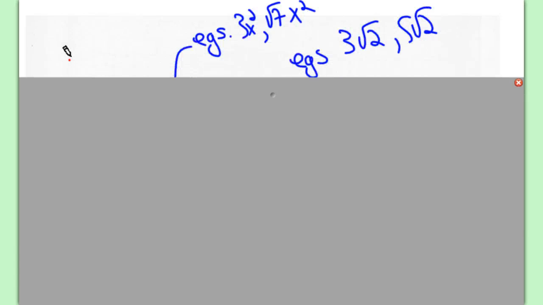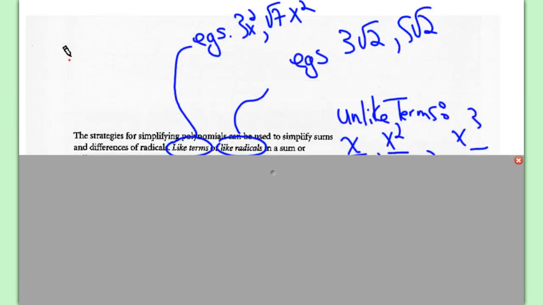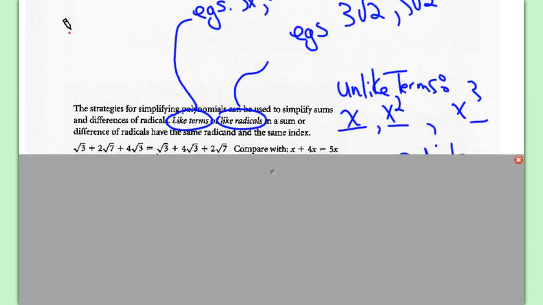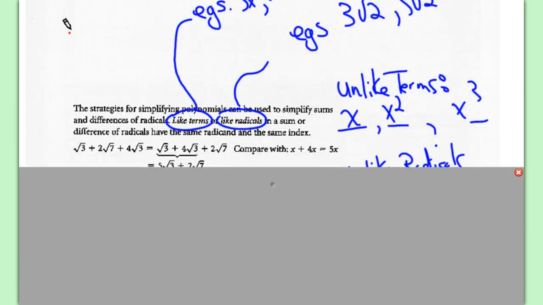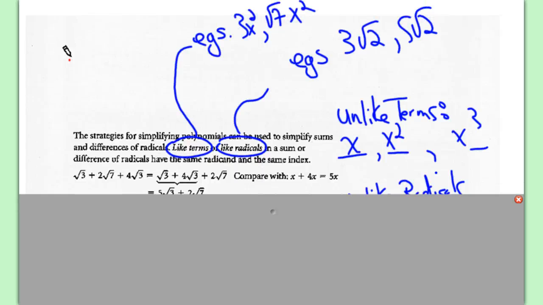So as we carry on in our travels on the next page, we are supposed to consider what strategies can be used to simplify sums or differences of radicals. So if you remember back to what we were doing, if we had 3x squared and 7x squared, those are considered like terms, right?